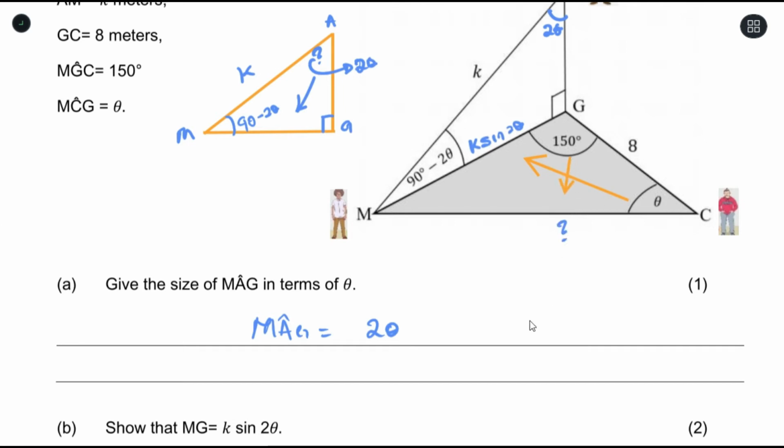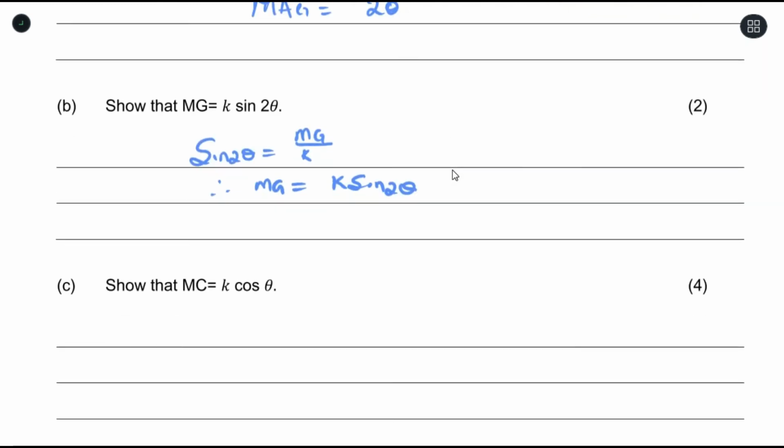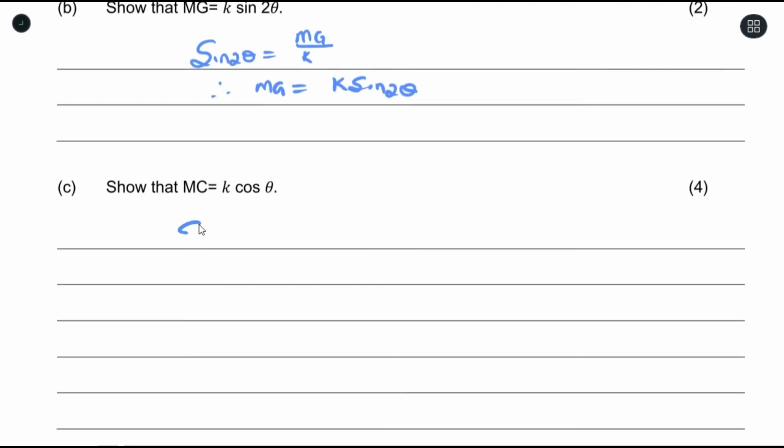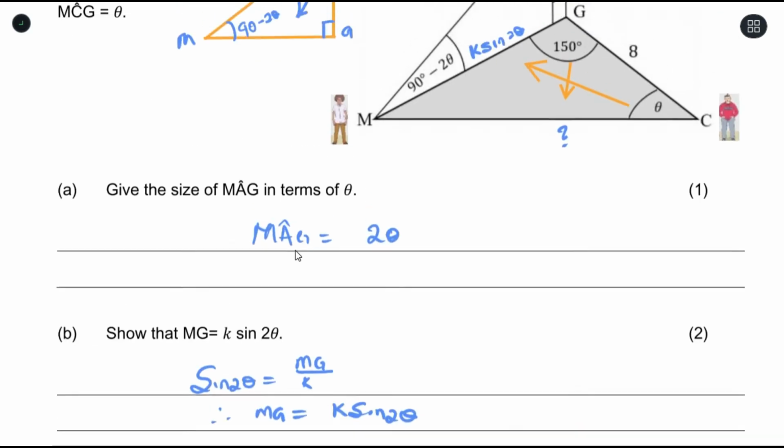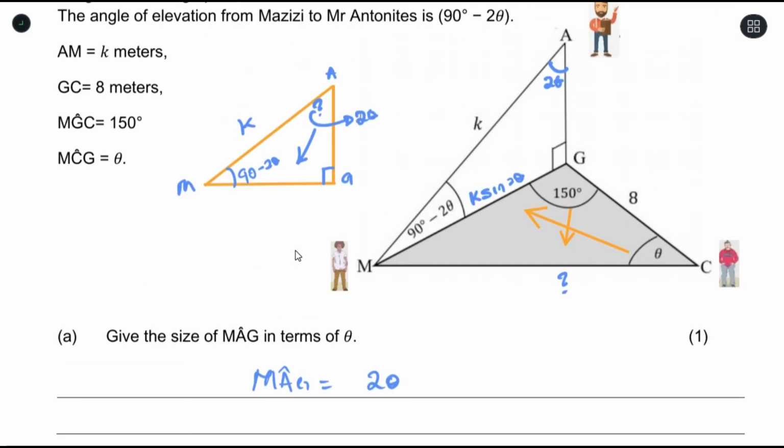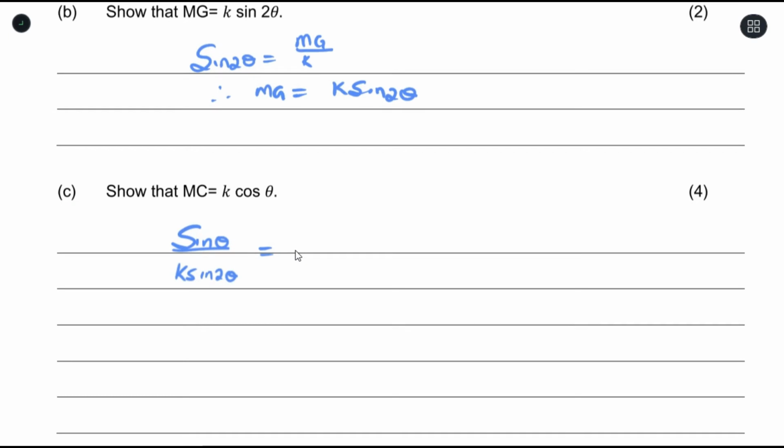This is the unknown. So we would use sine rule, and sine rule would say that sine theta over K sine 2 theta is equal to sine 150 over MC.